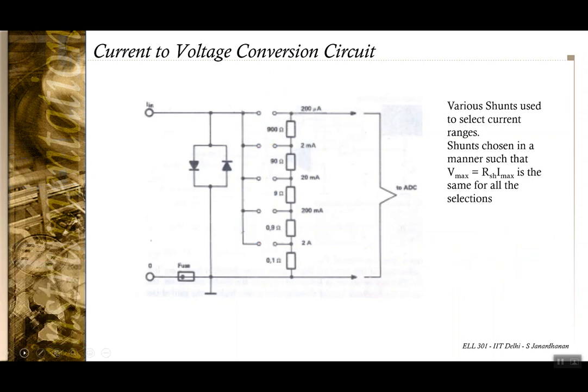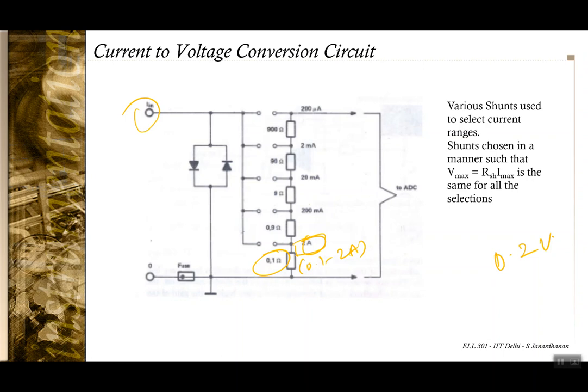When you have a range of say 0.1 to 2 amp flowing in the circuit, let us say there is a 2 amp current, then passing through this would give a voltage of 0.2 volts.